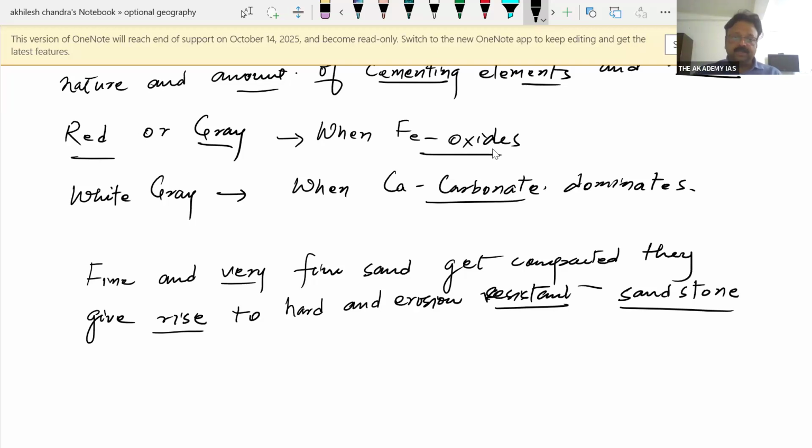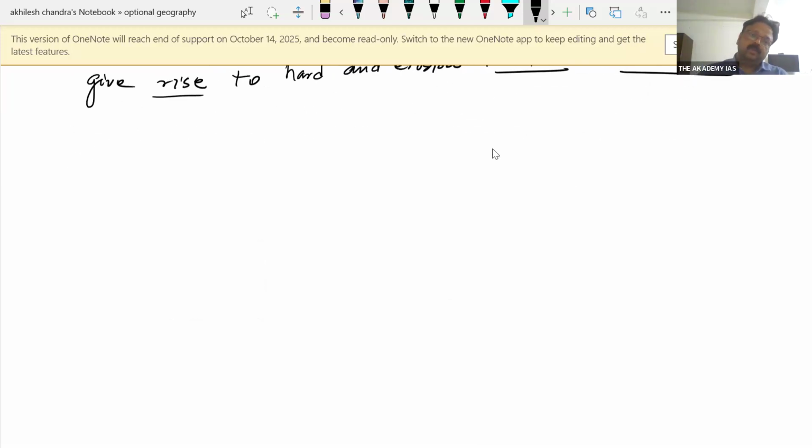Next one is conglomerate. It means cementation of pebbles as well as bigger size fragments.